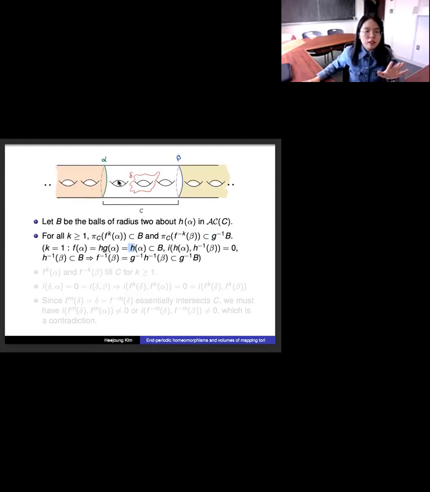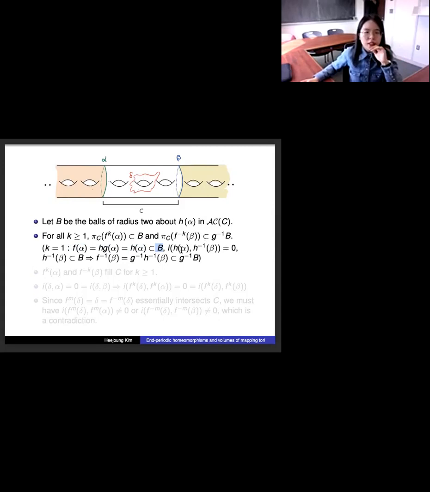G is here, something crazy in C, but G does nothing on alpha. So F alpha is the same as H alpha. So this is in B.